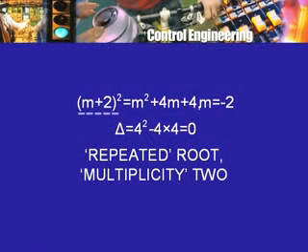So for example, take the quadratic m plus 2 square, which is m square plus 4m plus 4. Now the way I have obtained it, it is m plus 2 square, so it is clear that the root is only one root, minus 2, or there are two coincident roots each minus 2, if that is the way you want to look at it. And you can check that the discriminant is 0, delta is equal to 4 square minus 4 into 4, and that is 0.